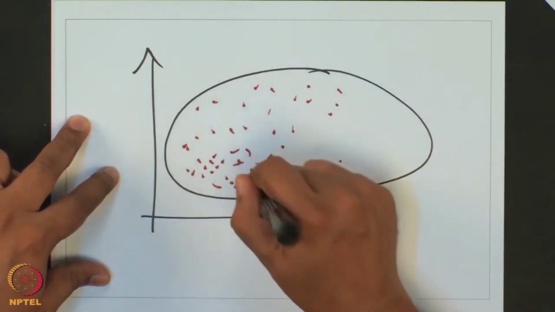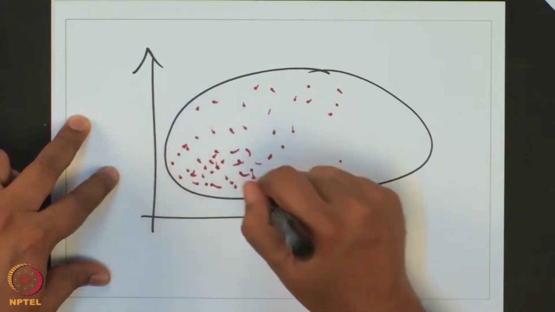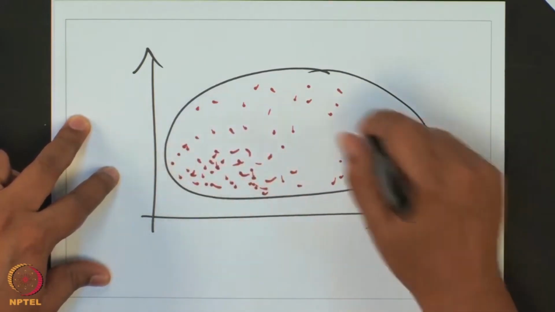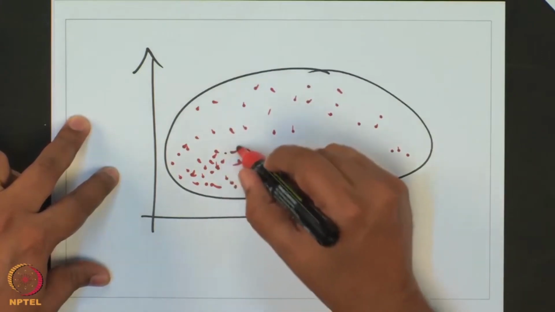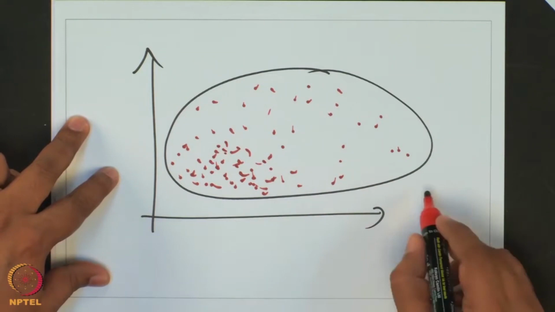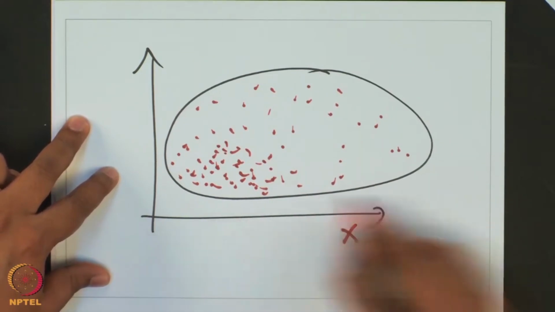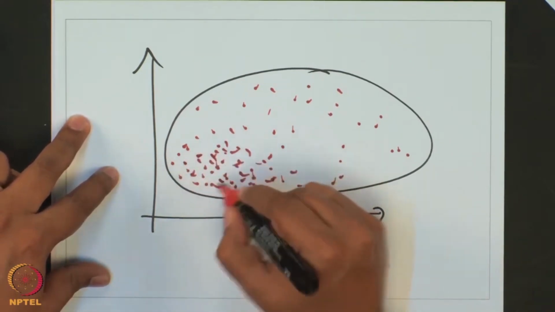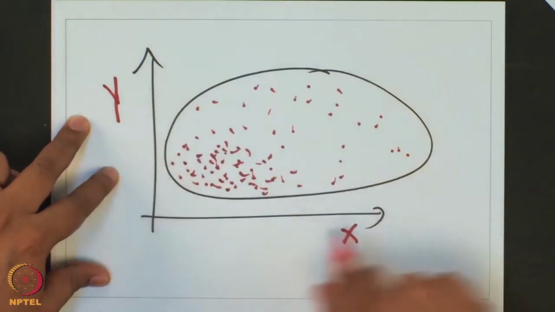There could be very high concentration below here and low concentration as we go up and as we go along the right. So as I go along the x-axis, the concentration is decreasing. As I go along the y-axis, concentration is also decreasing.